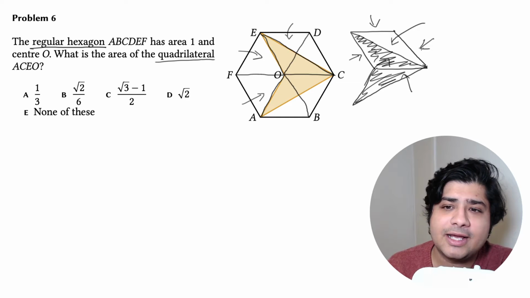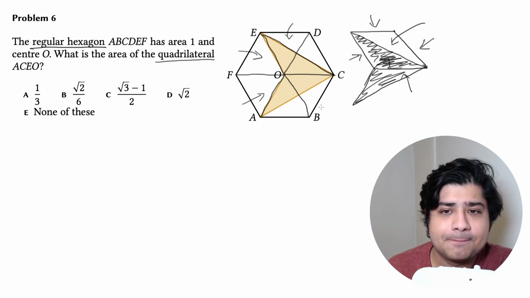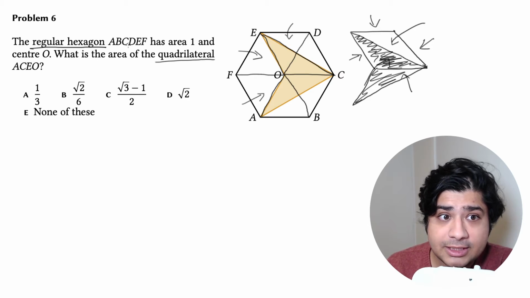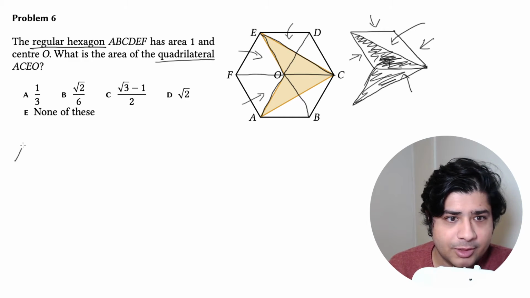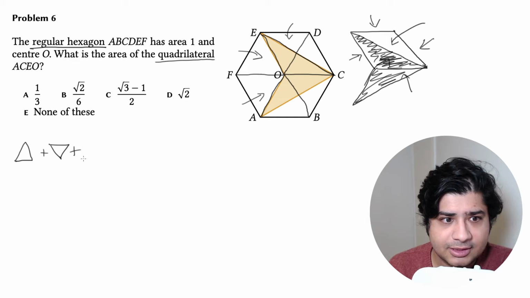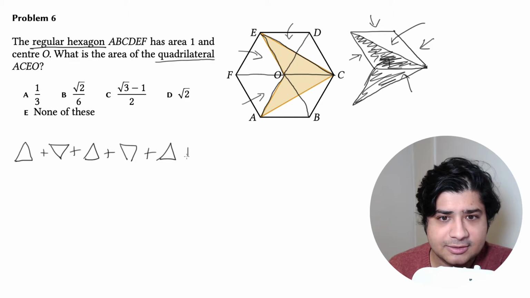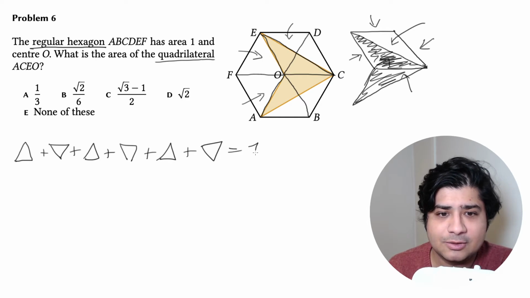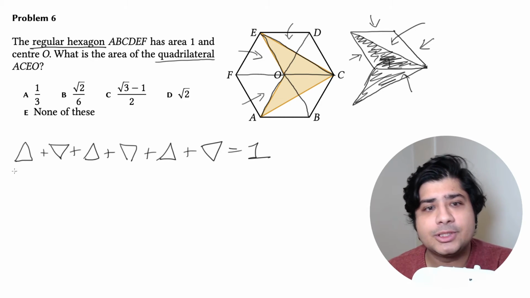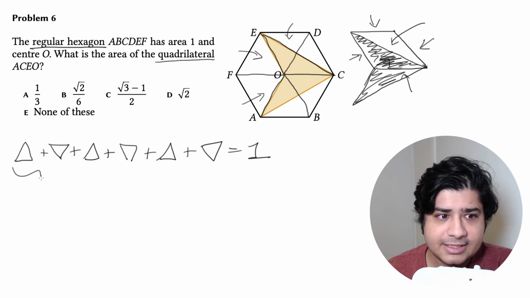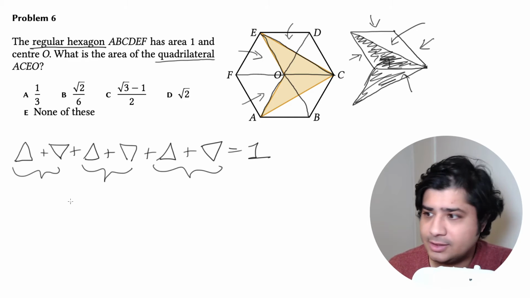So how do we find out the area of this thing right here? Okay, well, we know that the entire shape has an area of 1, which means that this, plus this, plus this, plus this, plus this, plus this is 1. Yeah? And so if you were to add these up, 2 and 2, you get this shape.